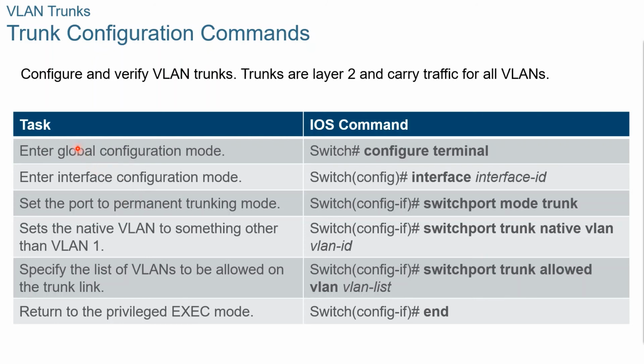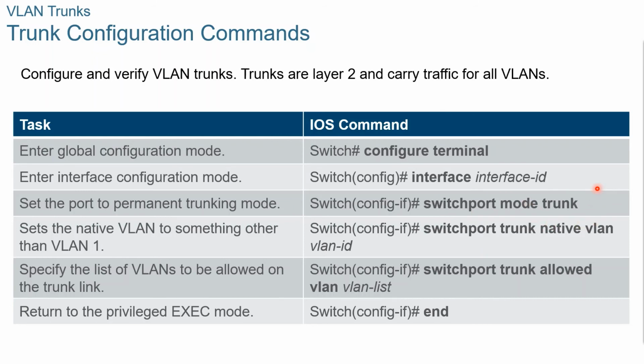To configure trunk links, we use the command switchport mode trunk on the interface. This will summarize how to configure a trunk on the switch. Configure terminal, go to the specific switch port number, so interface ID, switchport mode trunk.